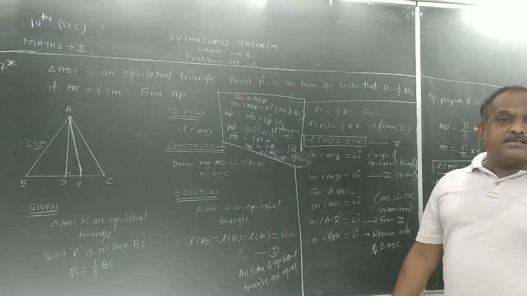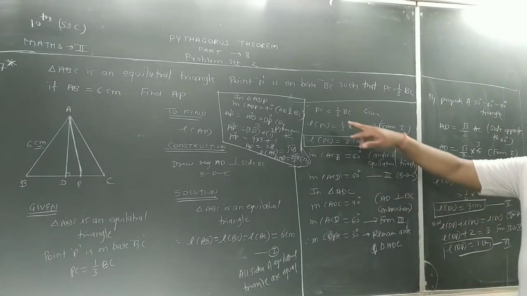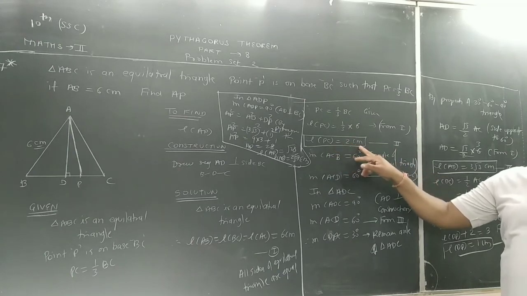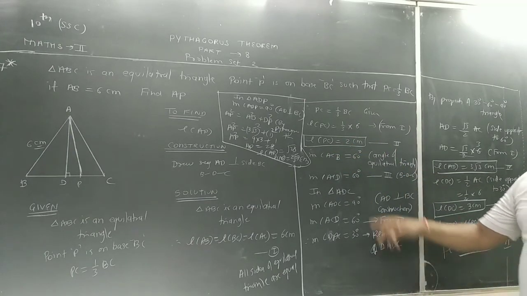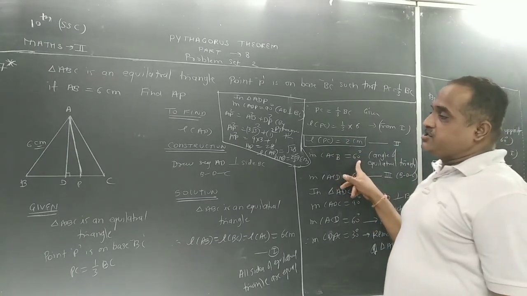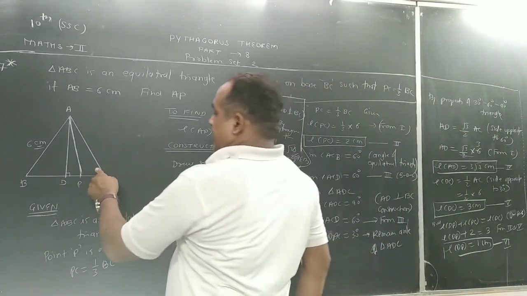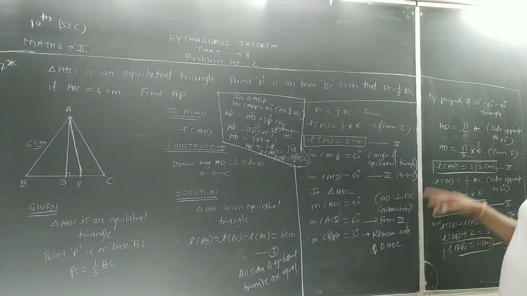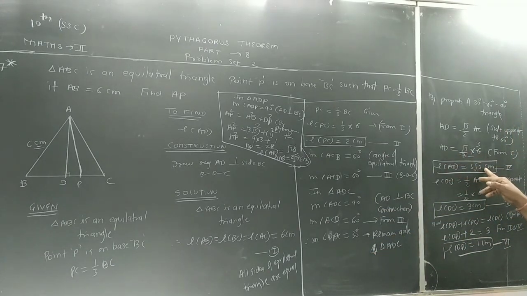All sides of an equilateral triangle are congruent. PC is 1/3 of BC, so PC is equal to 2 centimeter. Now, measure of angle ACB is 60 degrees. So in triangle ADC, we find the value of AD is equal to 3 root 3 and DC we got 3 centimeter.